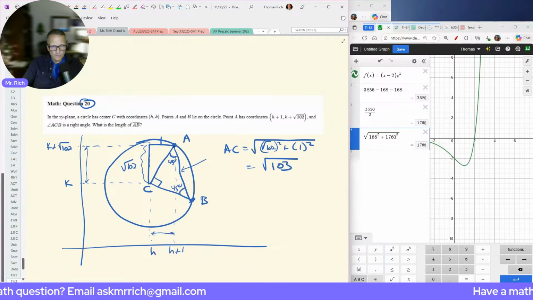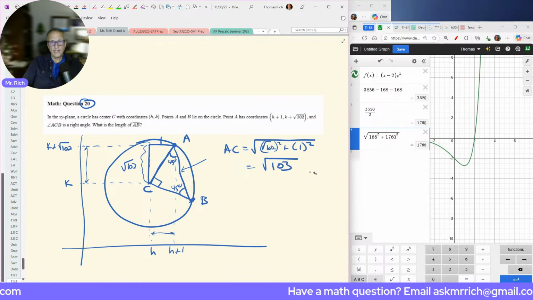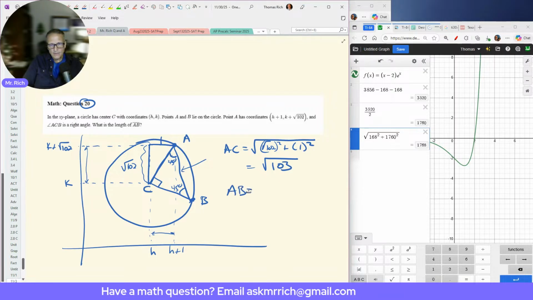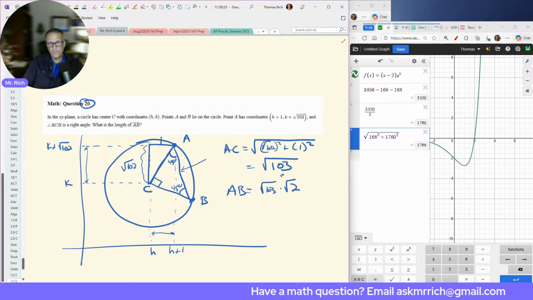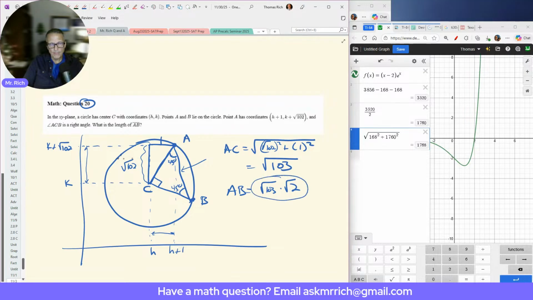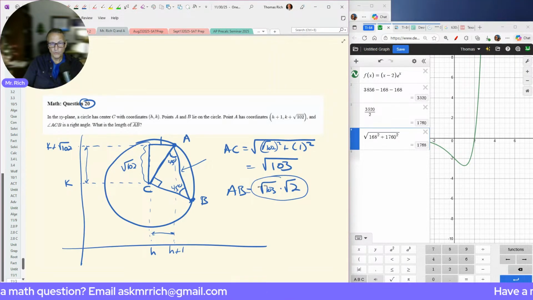So now if you know the leg of the 45, 45, 90 is root 103, then AB, which is the hypotenuse of that 45, 45, 90 triangle, is root 103 times root 2, right? This is one of the things that you have to know about special right triangles on the 45, 45, 90, that the hypotenuse is root 2 times the leg.